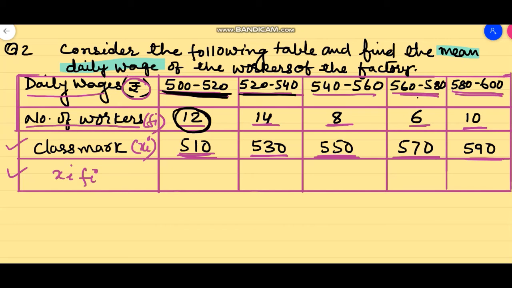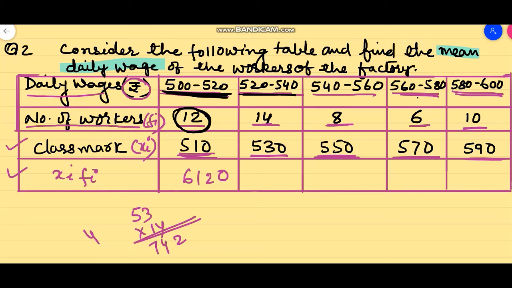Now let us see how you will get xi fi. 510 into 12: 12 ones are 12, 12 times 1 is 12, and you get 6120. For 14, let us see 53 into 14. So 14 times 3 is 42, 14 times 5 is 70 and 4 is 74.